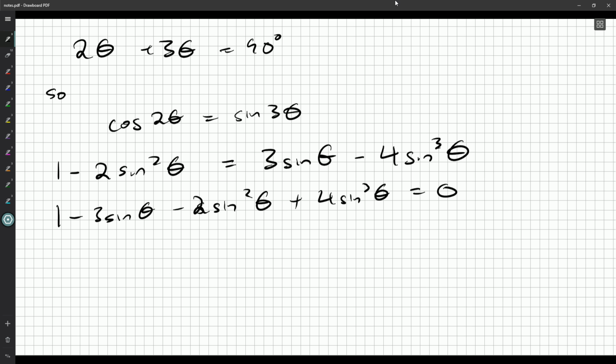And I'm not seeing anything that immediately factors here to help me out. So I think what I'd like is perhaps a quadratic in sine at most would be nice. So can we do that?